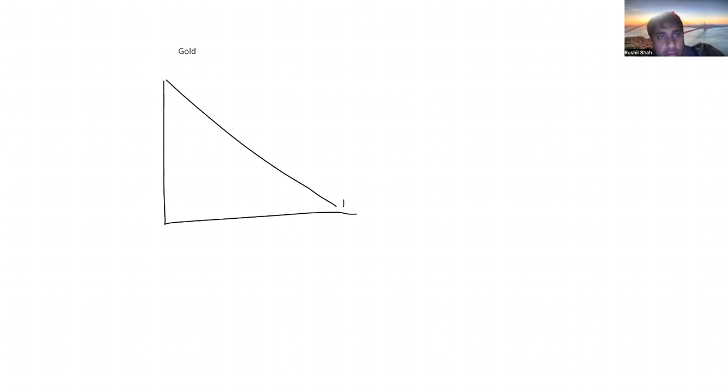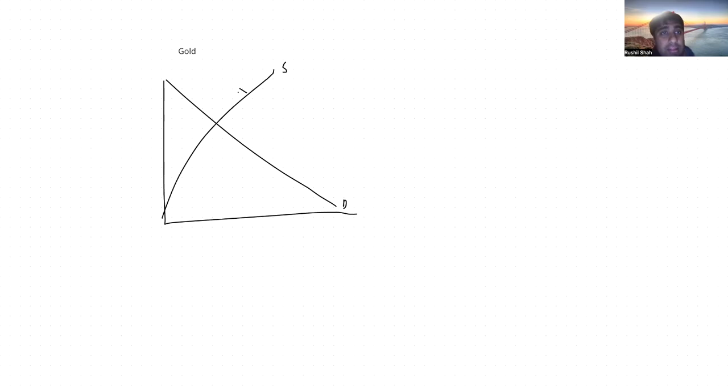So maybe we could start with some gold here. When we have gold, we're gonna do the supply and demand. We're just gonna pretend that it's a regular supply and demand curve. However, since gold is a scarce resource, there's gonna be less supply, but the demand's gonna stay still.